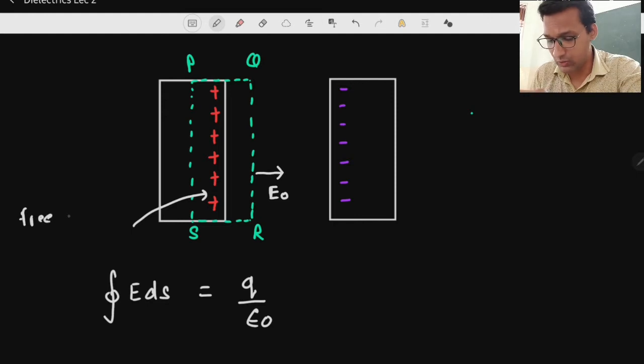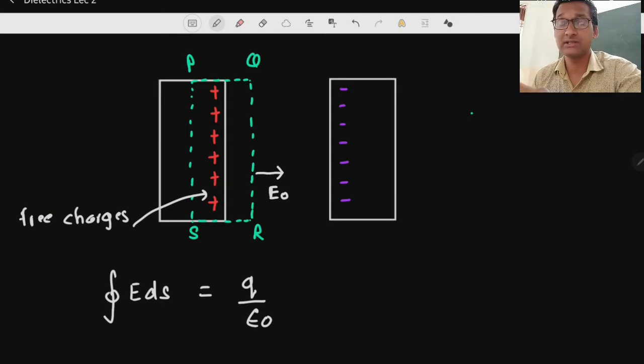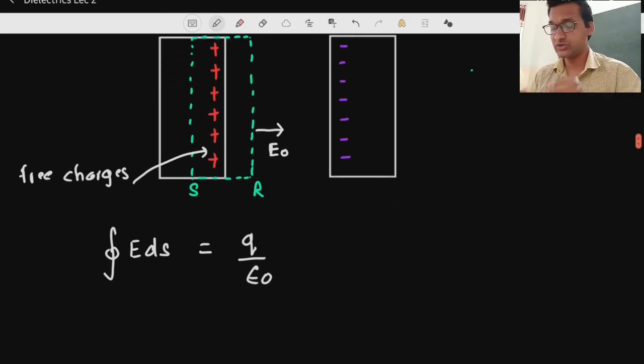These charges are called free charges, whereas the charges that are induced on a dielectric medium or dielectric substance are called polarization charges. Try to remember this differentiation between free charges and polarization charges. So this is Gauss law in the absence of any medium, that is in free space.